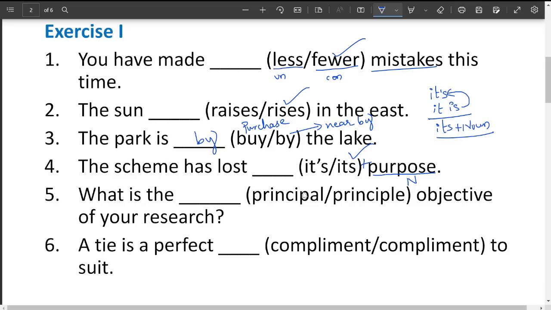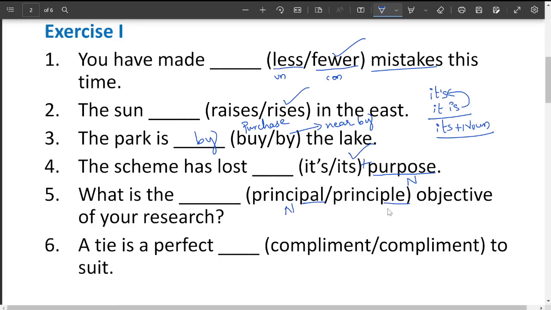Next, what is the dash objective of your research? This is a commonly confused word, principal and principle. We have two of these. One principal is somebody who is the head, a noun. Head of an institution, you have a principal for your college, for your institutions.